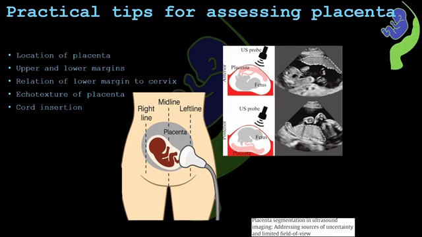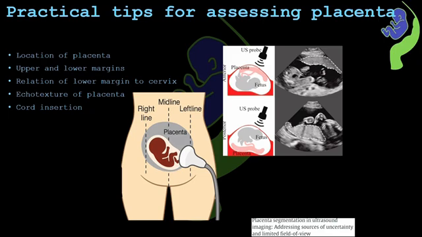Usually with a longitudinal midline sweep from the uterine fundus down to the symphysis pubis, the placenta can be localized as either anterior or posterior. However, if the placenta is not visualized in this plane, then it must be situated laterally along the uterine wall.